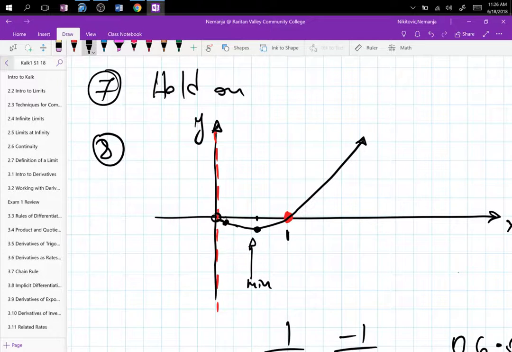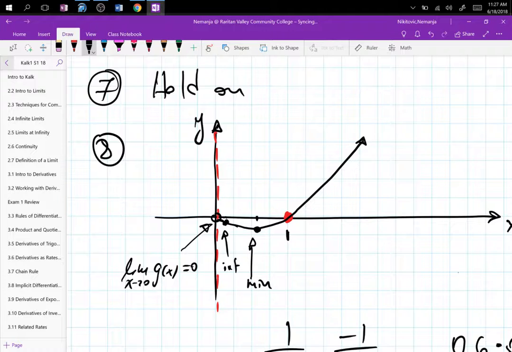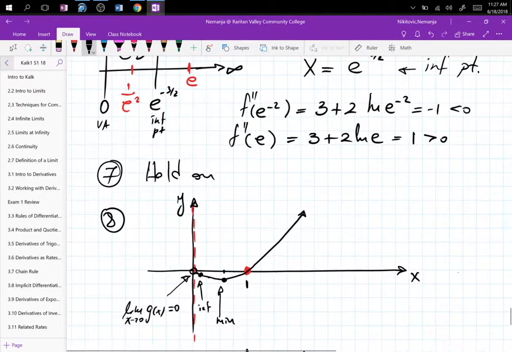The limit of g of x as x goes to 0 equals 0. You can try this limit and you will see that that's what we get. Now we'll talk more about this maybe on Wednesday, I believe. So a limit like this will come up.